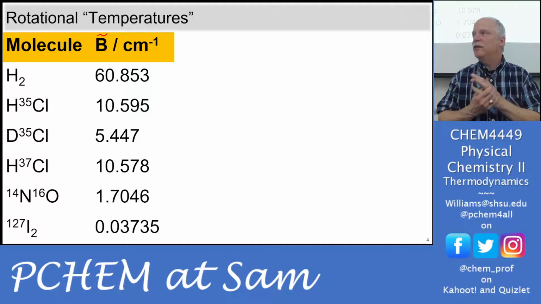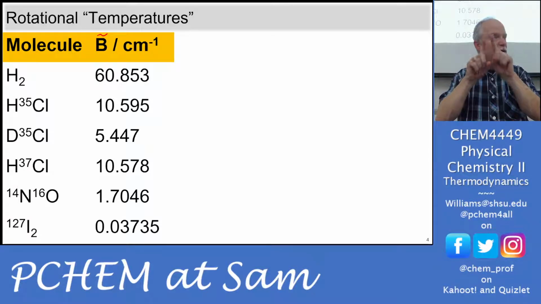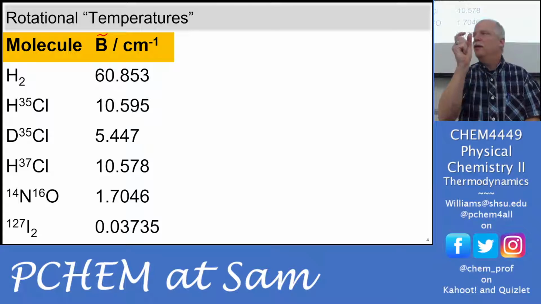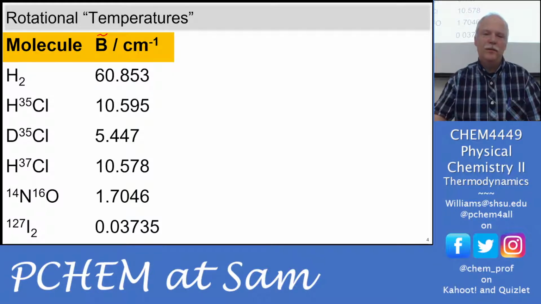Look at the rotational constant for iodine. The difference between those rotational transitions would be essentially 2B. Our B was essentially 0.04, so 0.08 would be the spacing of those peaks in wave numbers, which is really, really small. So there's no way we could resolve that with our spectrometer.